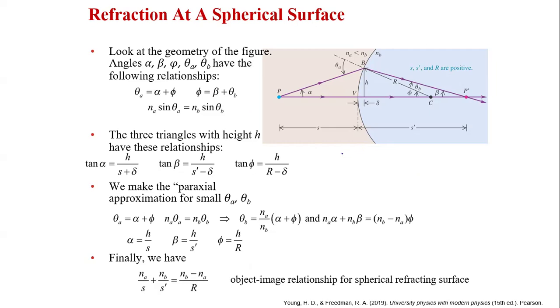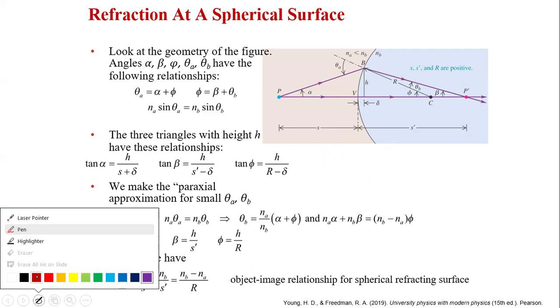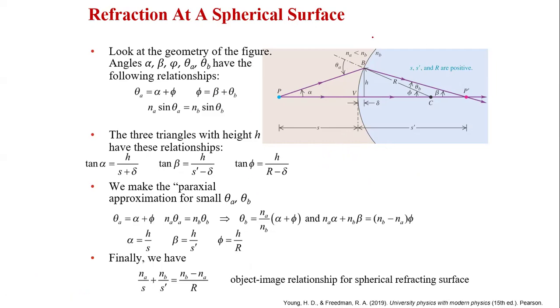So if you apply a theorem where the interior angle of a triangle is equal to the sum of the opposite interior angles, here we have theta A is equal to this one plus alpha, or alpha plus this one.